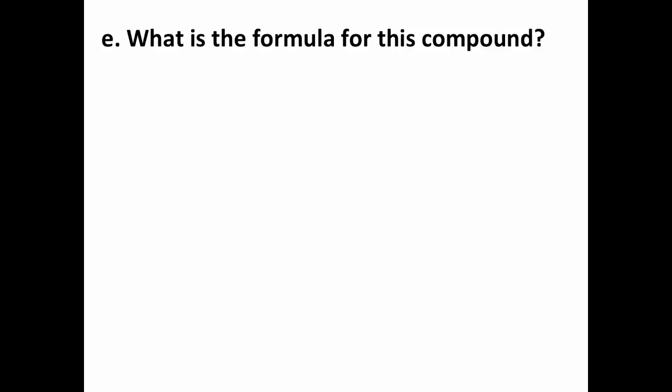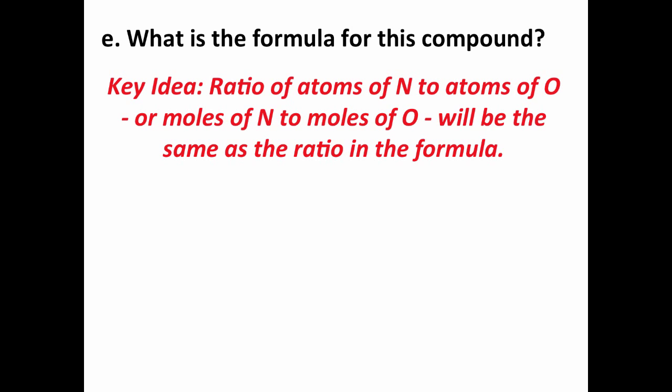Now, what's the formula for this nitrogen-oxygen compound? And note, we can use either moles or atoms and the ratio of those to get the formula for the compound. That's the key idea. The ratio of atoms of nitrogen to atoms of oxygen, or the ratio of moles of nitrogen to moles of oxygen, is going to be the same as the ratio in the formula.